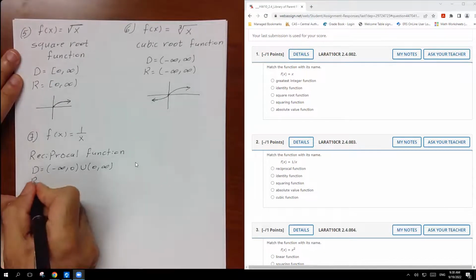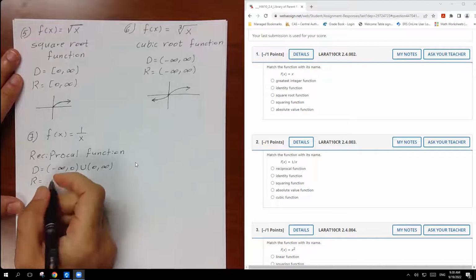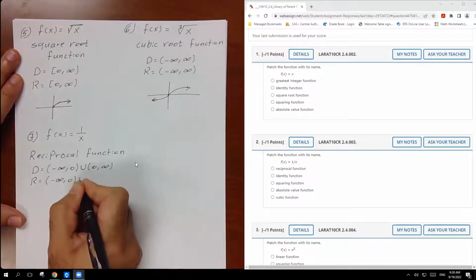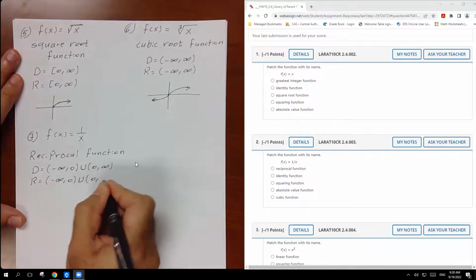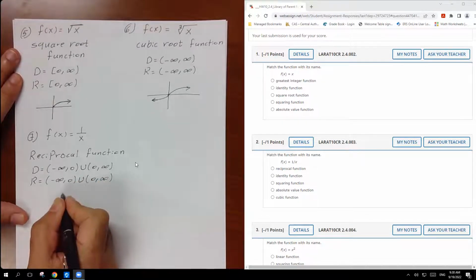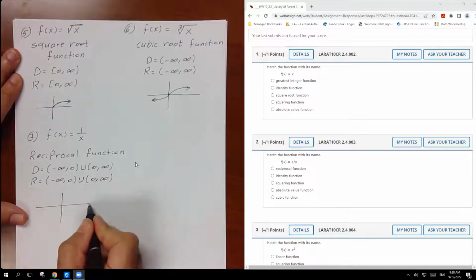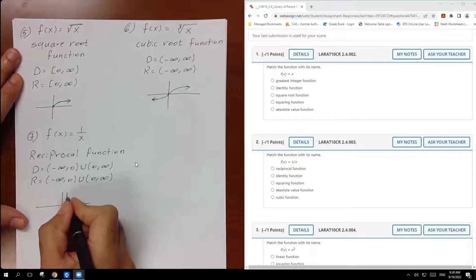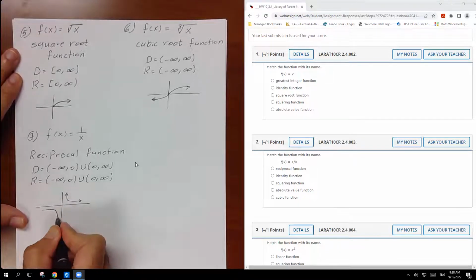The range is going to be the same, union from 0 to infinity. If you graph this function, the graph of this function is going to be like this. And here is the other side.